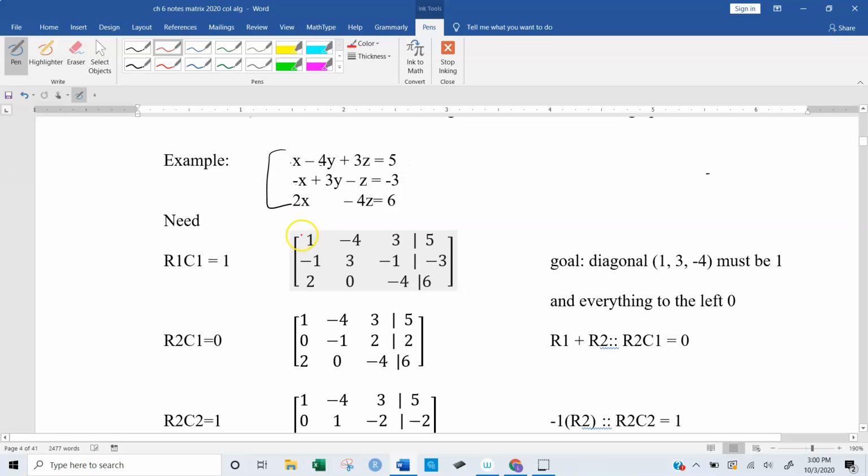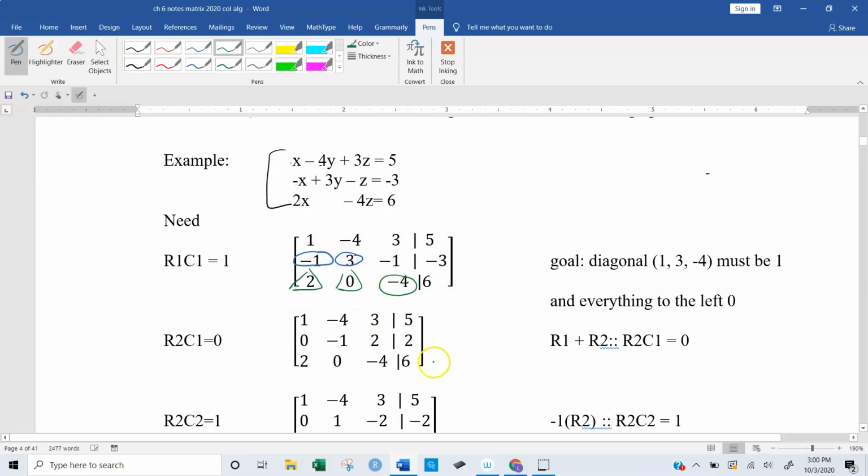So I'll start here and I'll get this guy to a 1. And then my second step is I'll work on this guy and try to get him to a 0, then him to a 1. And then on my last section, I go to my bottom row and I go 0, 0, 1. All right, it's just a pattern.